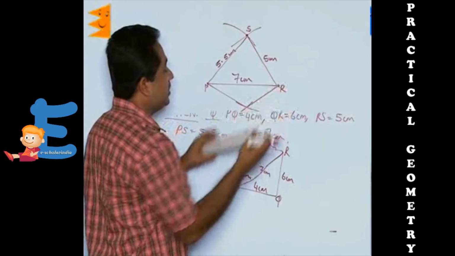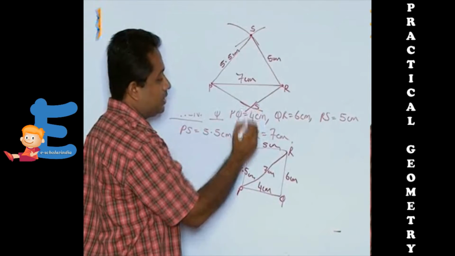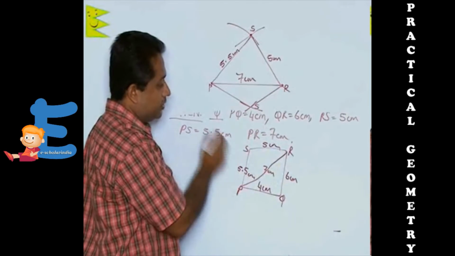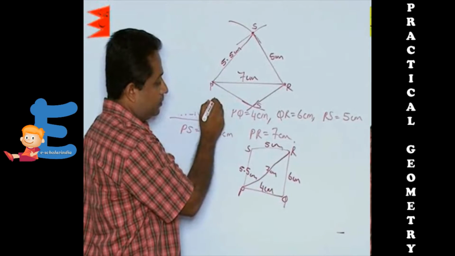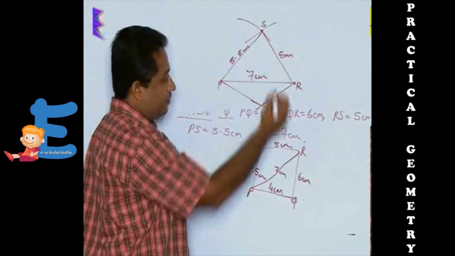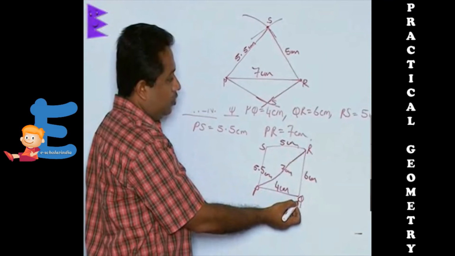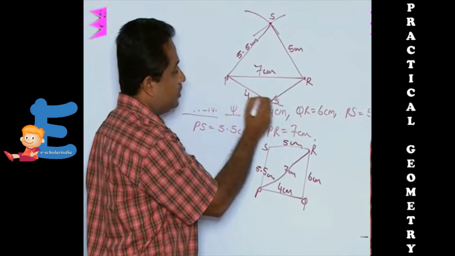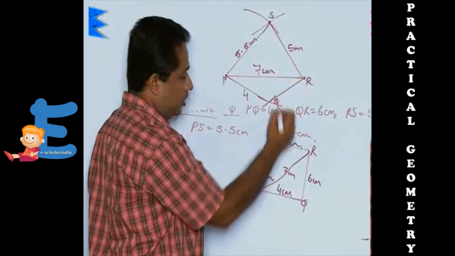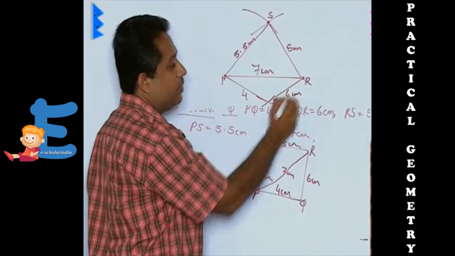So what happens is, we get our quadrilateral PQRS satisfying the conditions. PS as given in the question is 5.5, RS we have drawn is 5, PQ is 4 centimeter and QR 6 centimeter.